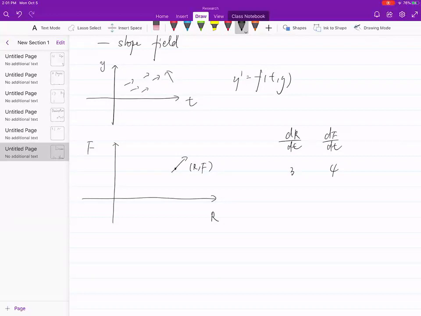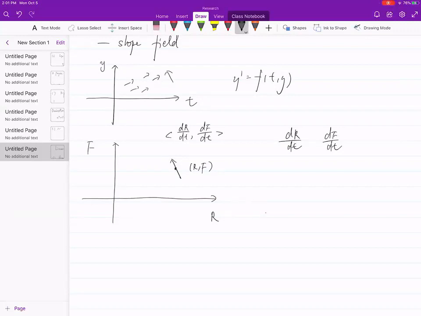Still okay here? Okay, from this you can see it actually makes sense to put a vector here. This vector should be dR over dt and dF over dt. This one basically tells you how the population is going to change, but just keep in mind, this is not t. This is one species and the other.